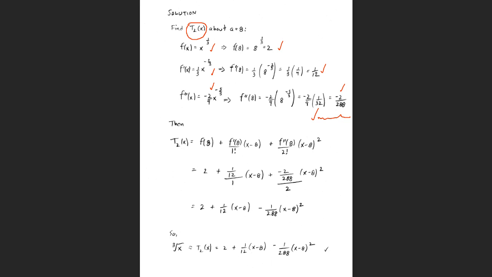Okay, so then the second degree Taylor polynomial about a equals 8 is given here.